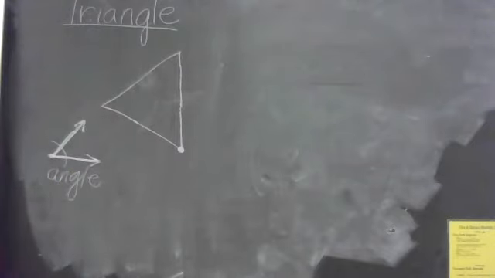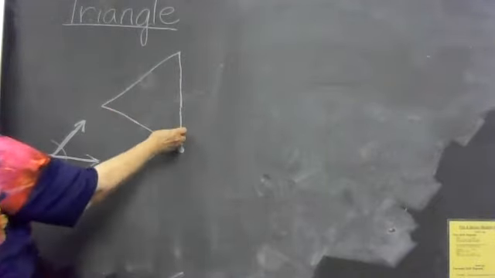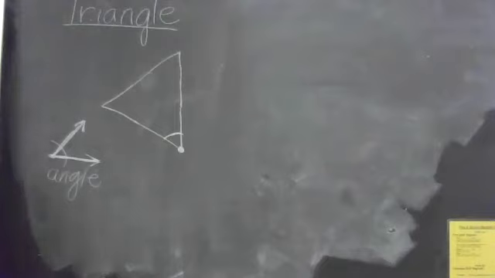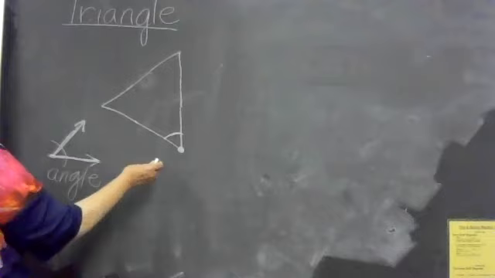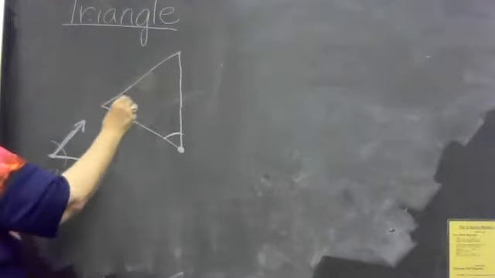And we're going to identify it. If we want to talk about a certain angle in this triangle, we will say this angle. Now, you can see that a triangle has 3 angles, right?